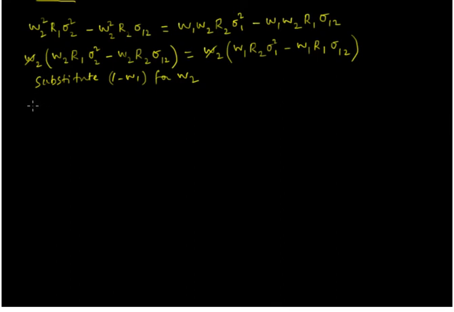So we can write 1 minus W1 times R1 times variance of 2 minus 1 minus W1 times R2 times covariance between 1 and 2.